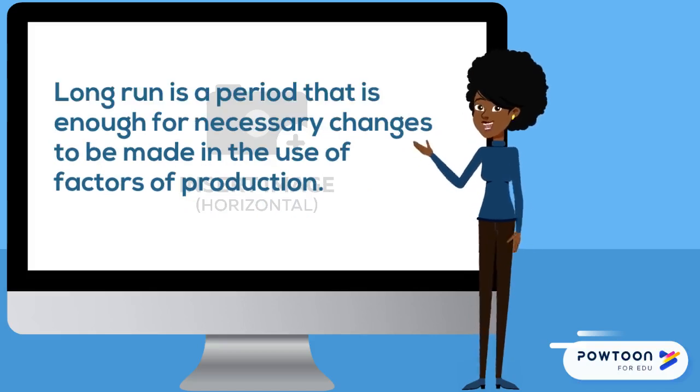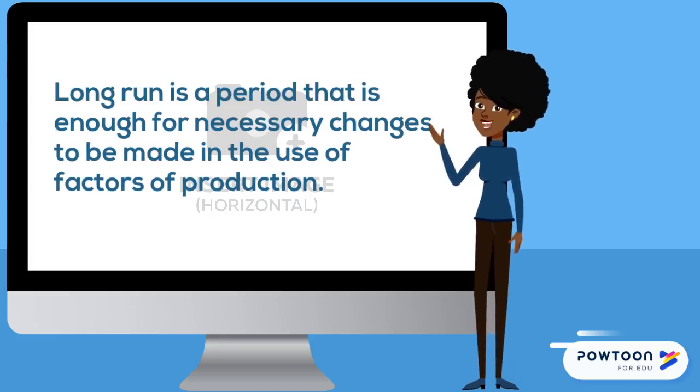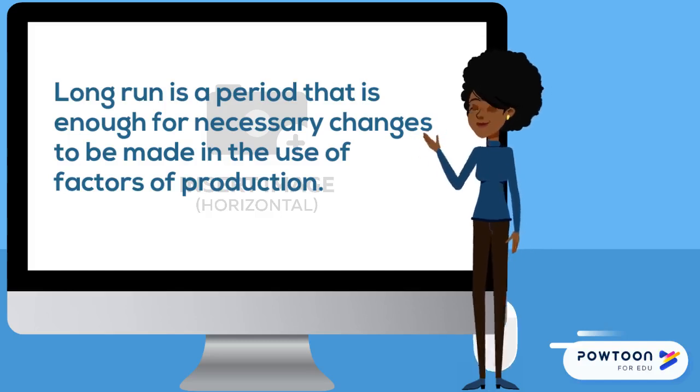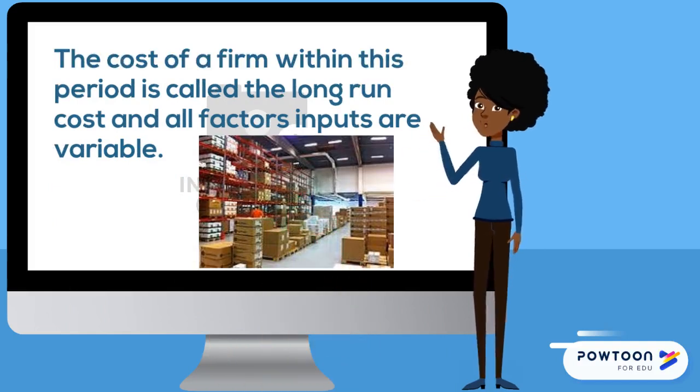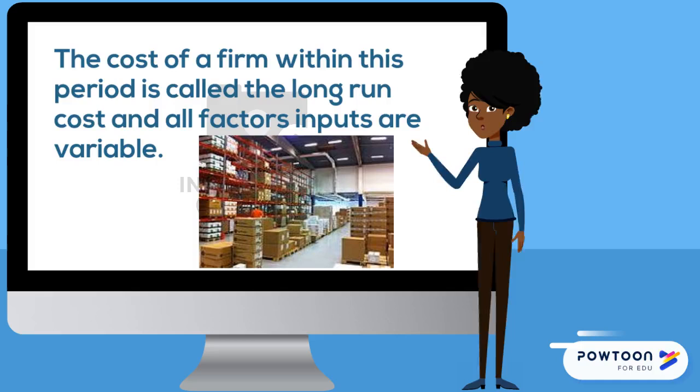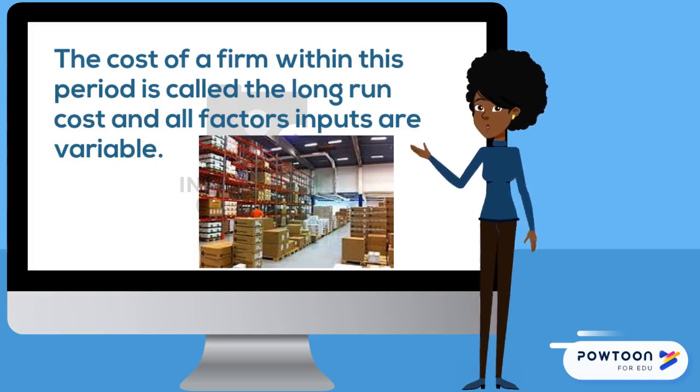Long run is a period that is enough for necessary changes to be made in the use of factors of production. The cost of a firm within this period is called the long run cost, and all factor inputs are variable.